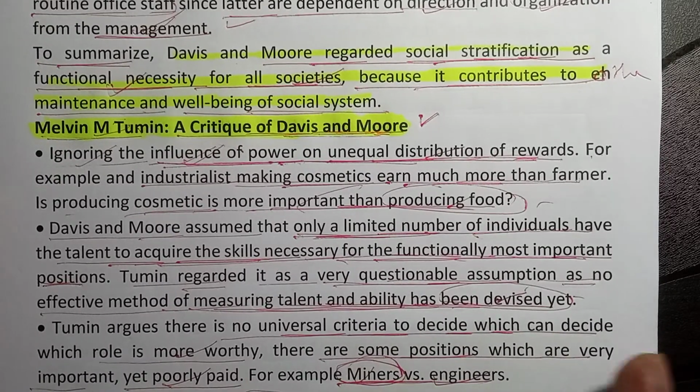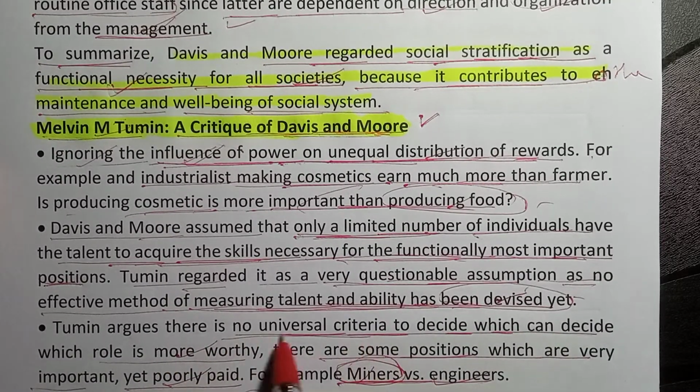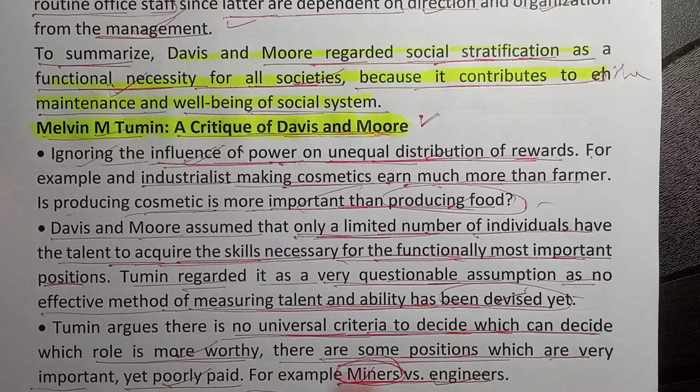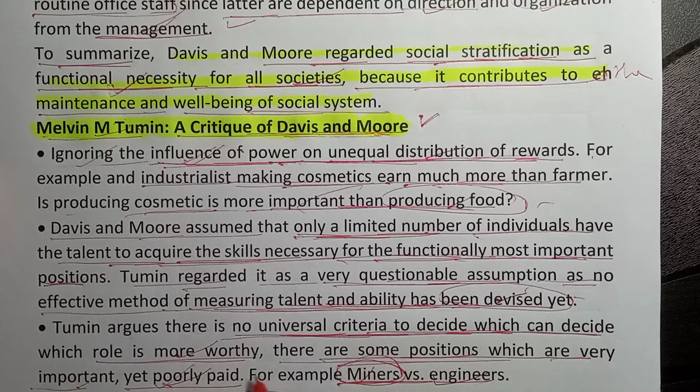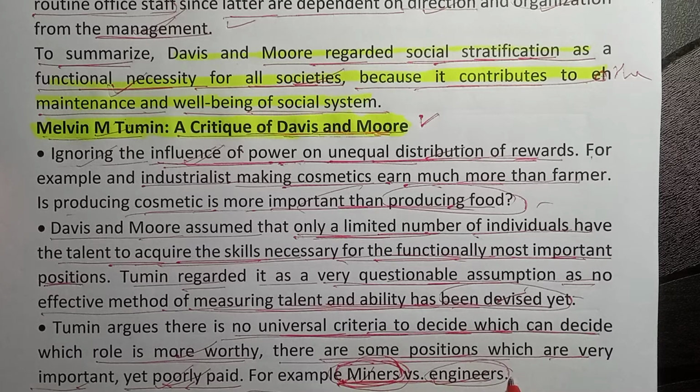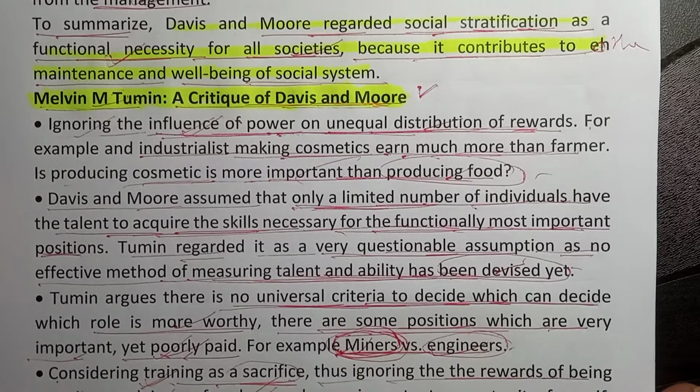Tumin argues that there is no universal criterion to decide which role is more worthy. There are some positions which are very important but very poorly paid. For example, the role of miners is very important and critical compared to normal engineers, but they are poorly paid.